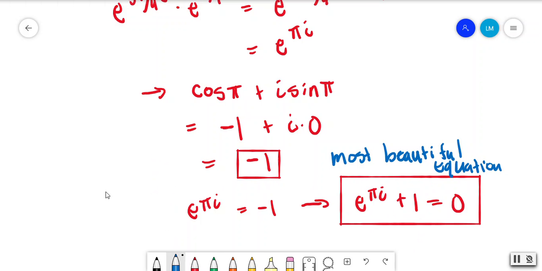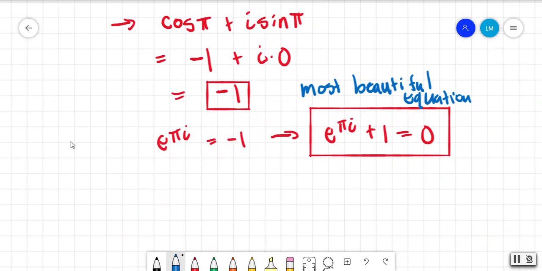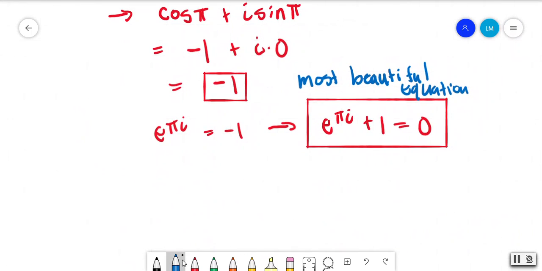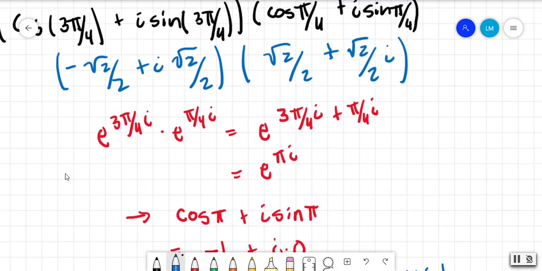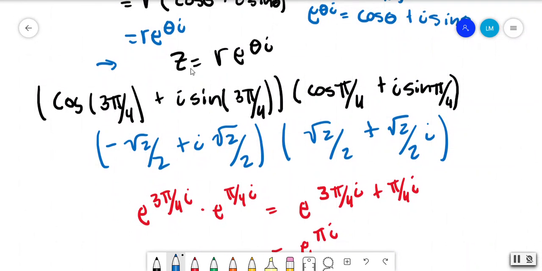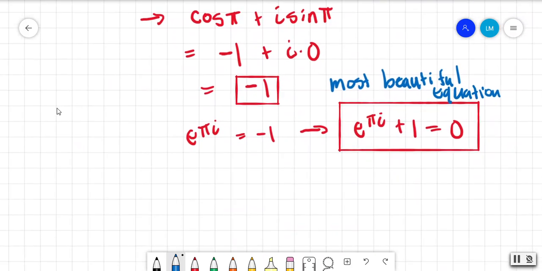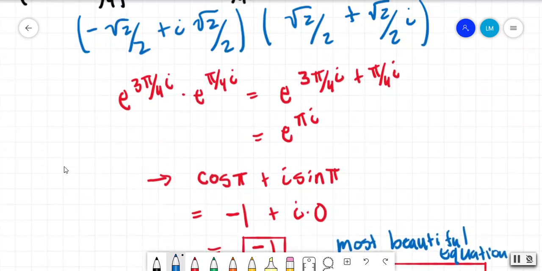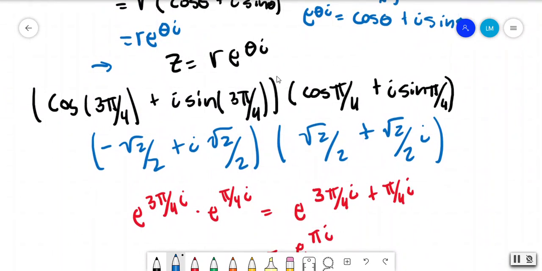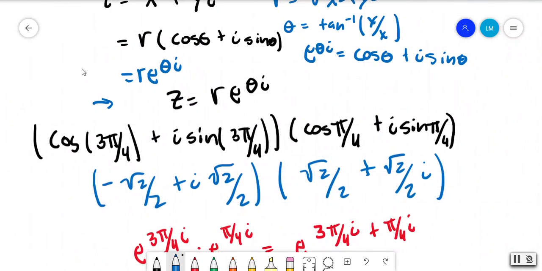Furthermore, you derived that when you multiply, the arguments add. So 3 pi over 4 plus pi over 4 is pi. If you were to divide, what happens with exponents? They subtract.